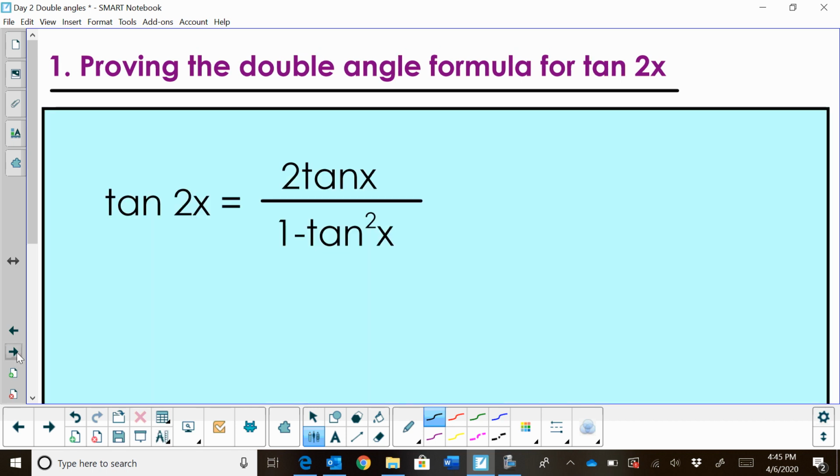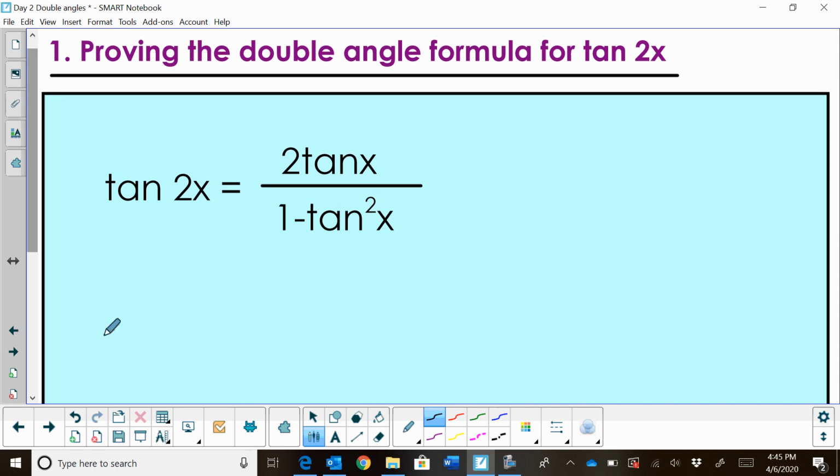So now let's look at tangent. Now, just like we did the other ones, we're going to take and write tangent as the sum of 2 angles, x plus x. Yep, you guessed it.